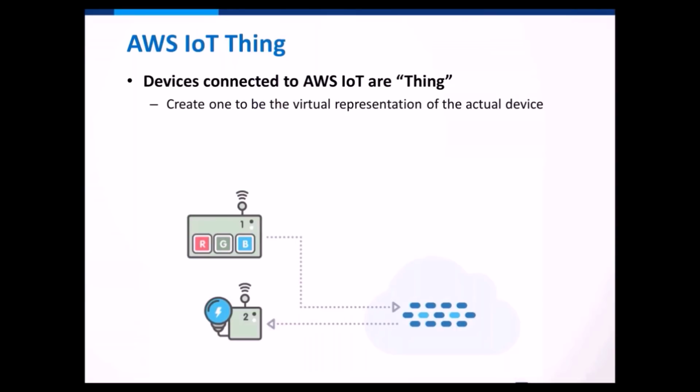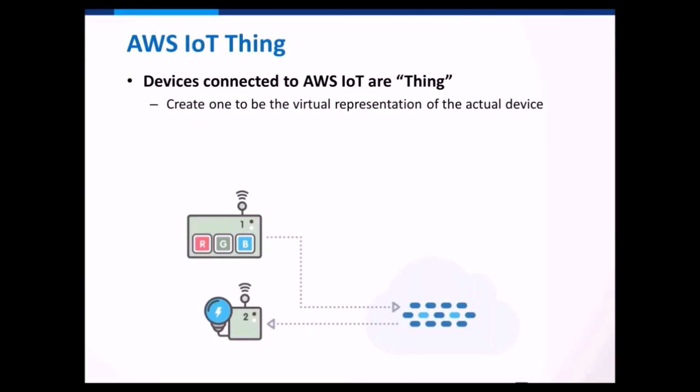They're called things. So in the AWS IoT Core platform, just like before, you create a thing in it so that the platform knows that there's something that's going to connect to it.